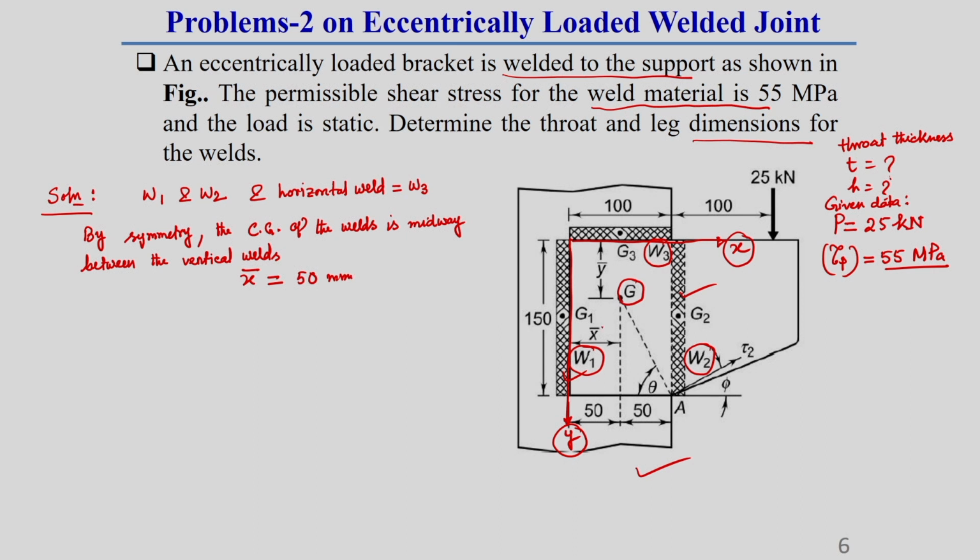But we have to find what y bar is. That means first we have to find G, the location of the CG of the whole weld. The G coordinate is x bar and y bar. x bar is very well known due to the symmetry of the two vertical welds, which is equal to 50 millimeter.